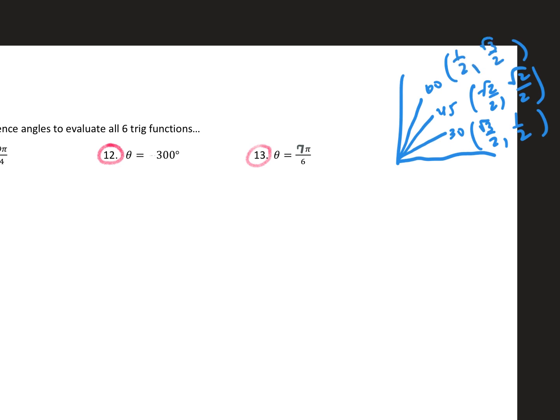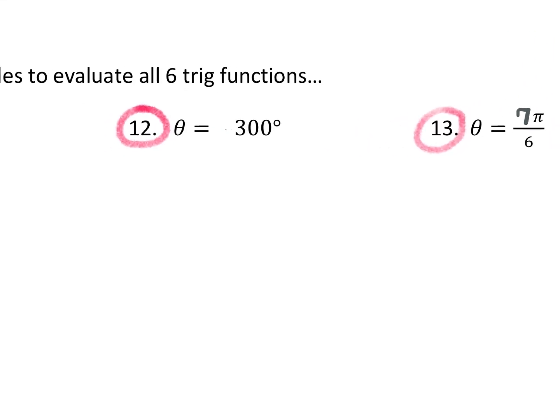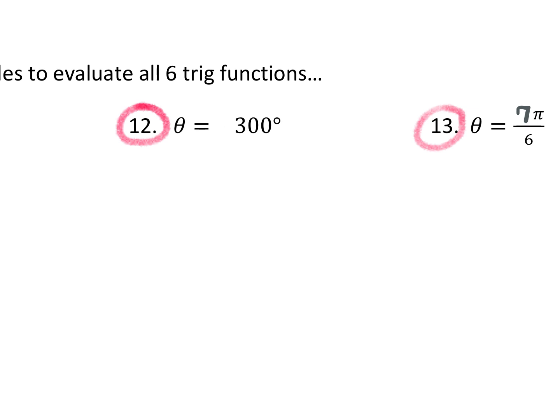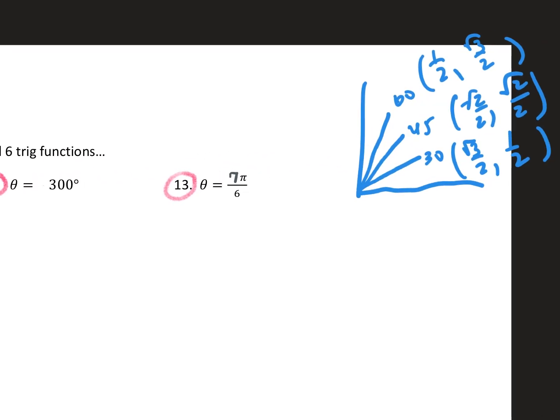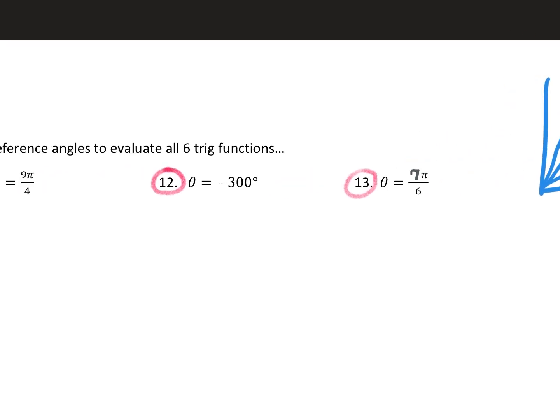So here's where, guys, when it says use reference angles, this is the question that you're going to get: the first quadrant of the unit circle. And you have to find what the reference angle is, and then you're using your all students take calculus to figure out what the signs are. So I changed this to positive 300.